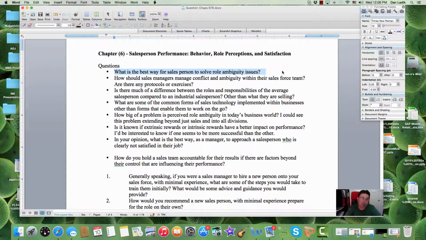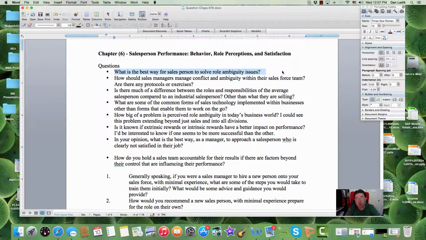If there is not a two-way dialogue between you and your manager, if there is not a wiki or some kind of electronic feedback loop that you can send to your sales manager and your senior VP of sales to help work out some of these gray areas, whether it's conflict being overdefined or ambiguity, not defined, you guys have to have the dialogue. The manager, the senior VP of sales, and the salesperson.